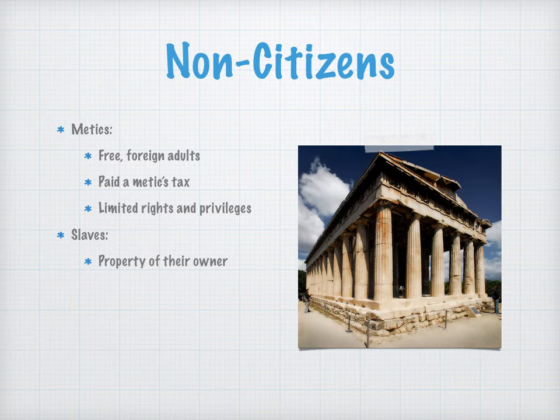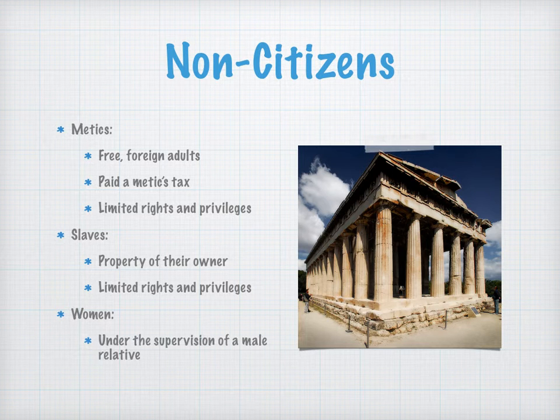Slaves were the property of their owner, so they were not their own person, and they had very limited rights and privileges, even compared to metics. And finally, there were women. Even though they were free-born and they were Athenians, they were always under the supervision of a male relative. They didn't really have their own identity and autonomy.